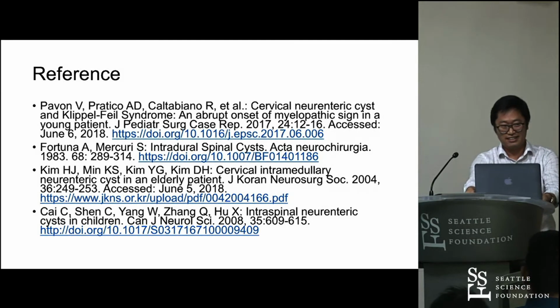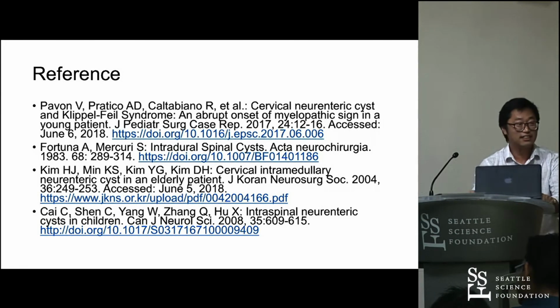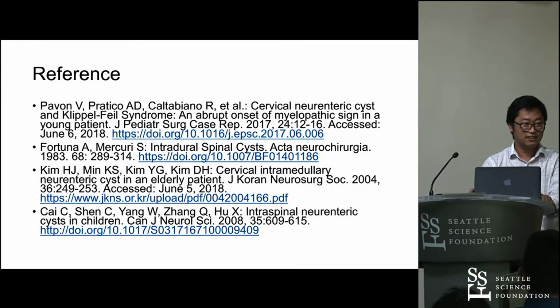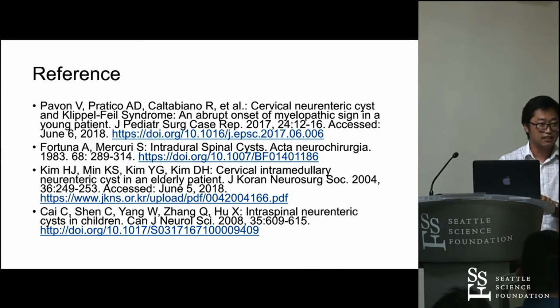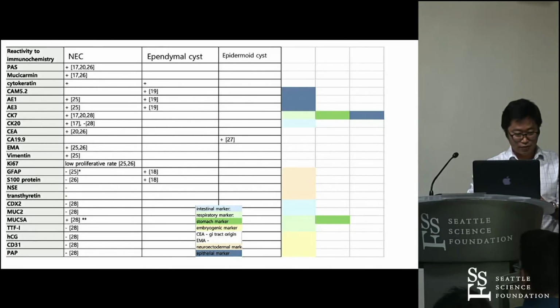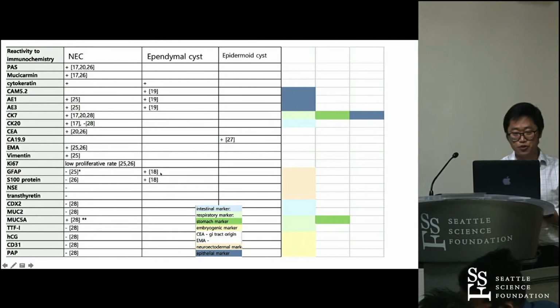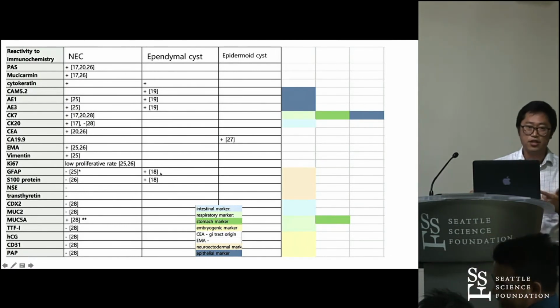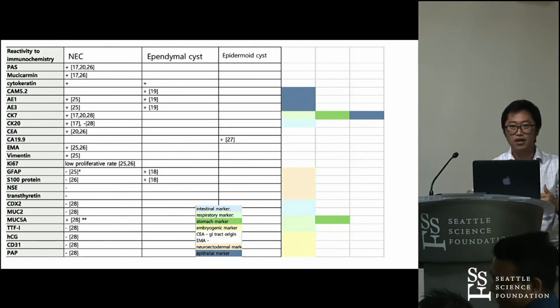So in the histochemistry table, some studies show GFAP showing a negative reaction. Yes, that's true. How do you explain that? Oh, so usually GFAP stains positive for the neuroectodermal tissue, which gives rise to the ependymal cells, astrocytes, or even the lining of the choroid plexus.